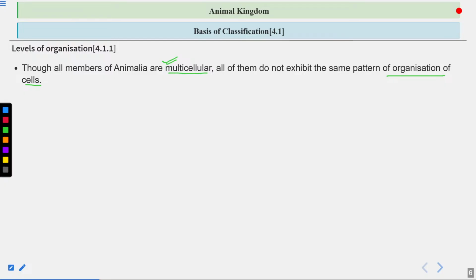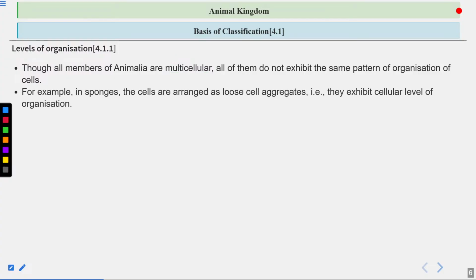Protista. They are kept in Protista, right? But what about the multicellular? Here in the animal kingdom, we are going to study the multicellular animals, right? So in multicellular organisms, what is the level of organization?